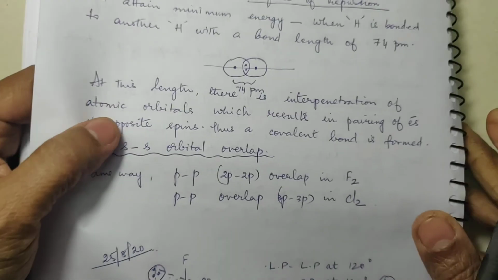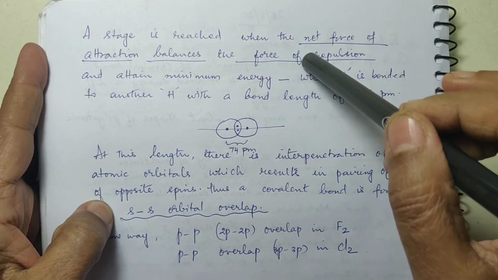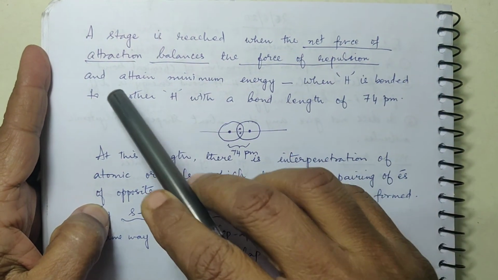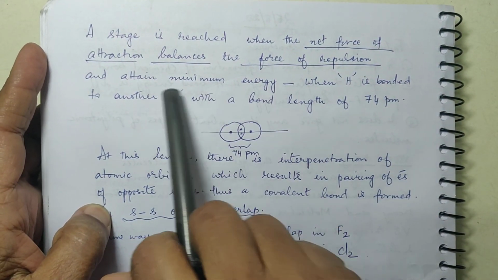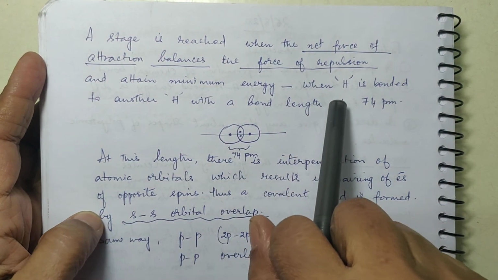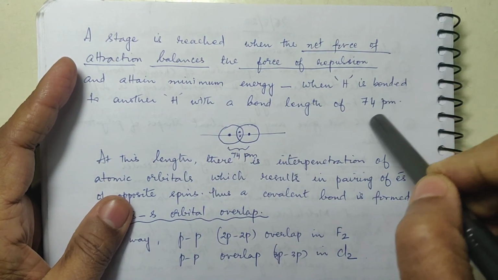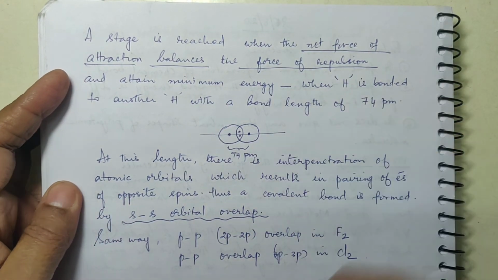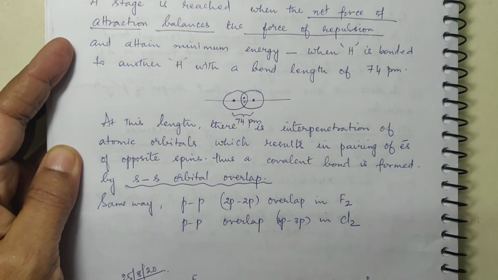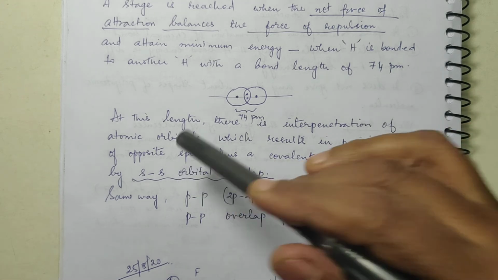So a stage is reached when the net force of attraction balances the force of repulsion, and they attain minimum energy state. This is what is most important. They attain a minimum energy state when the two hydrogen atoms are bonded to each other by means of a bond length of 74 picometer. At this length, there is interpenetration of atomic orbitals.